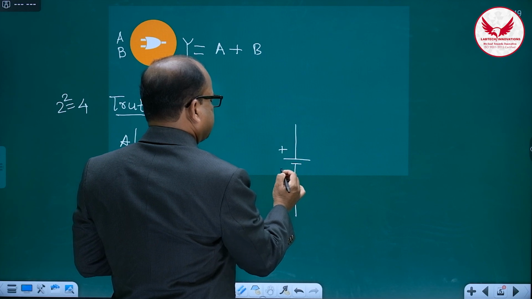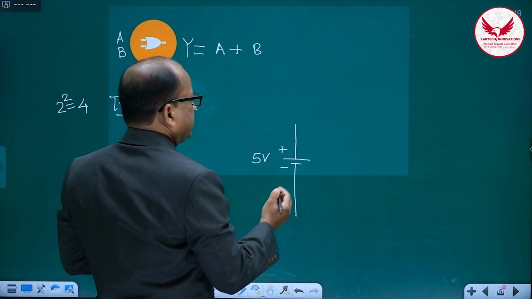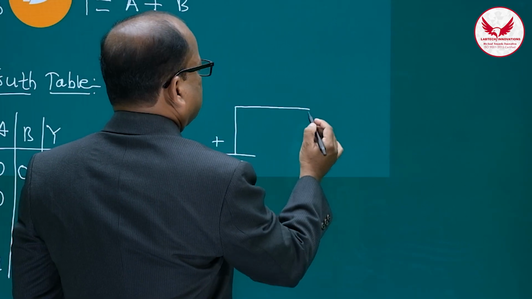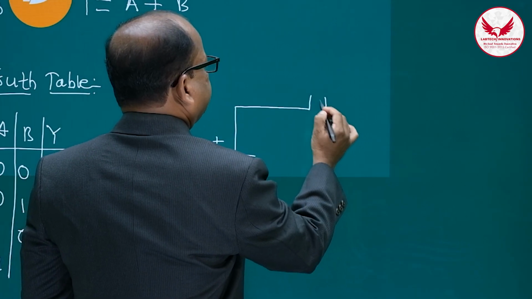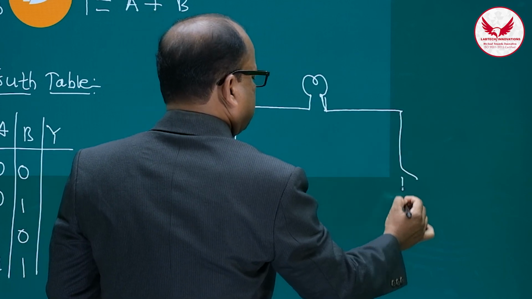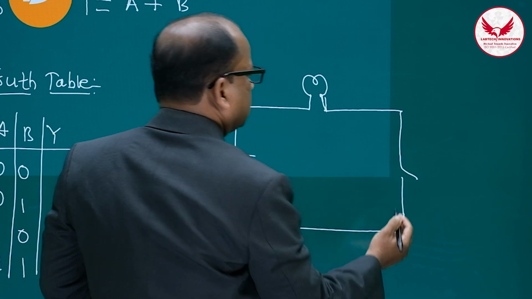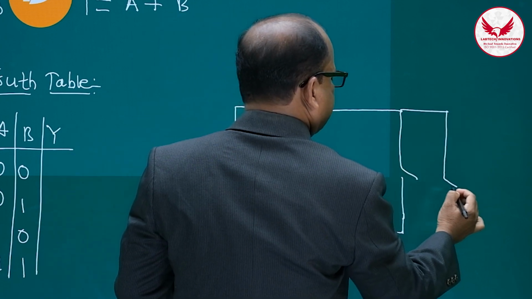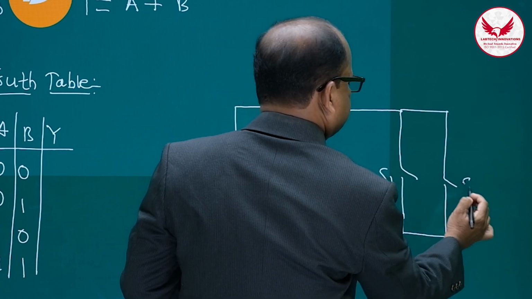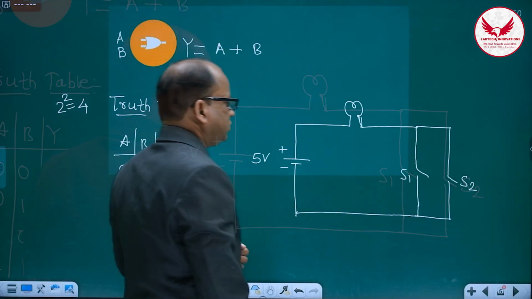A 5 volt power supply is there as a battery, and then this bulb is there. And these switches are connected in shunt, S1 switch, and this is S2 switch.